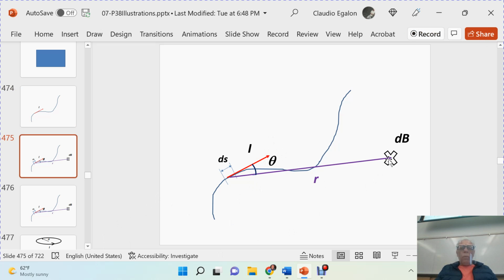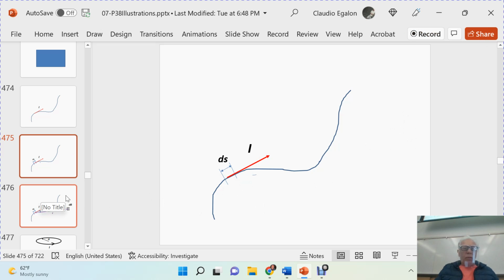Then what we want to calculate is the magnetic field at a position R from here. I'm going to identify the infinitesimal section of the wire, the magnetic field due to the infinitesimal section of the wire. That's the ds. Remember that ds that you saw there in the equation?